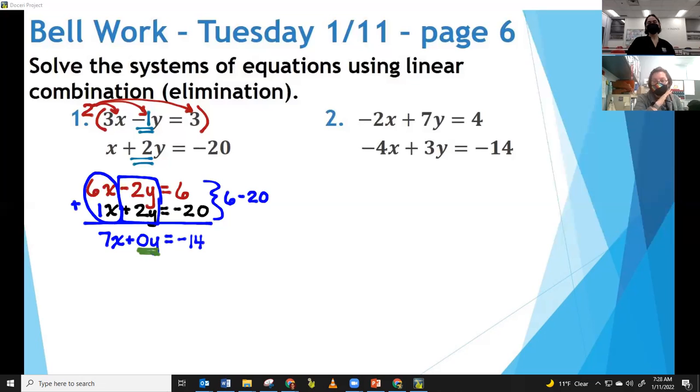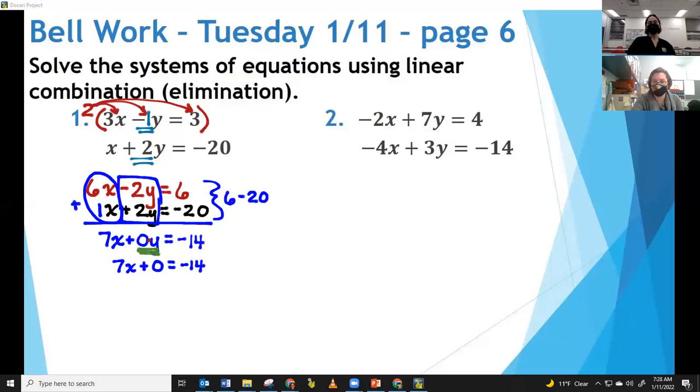What is 0 times y then? Remember, the coefficient is being multiplied to my variable right there. So this is exactly the same thing as saying 7x plus 0 equals -14.